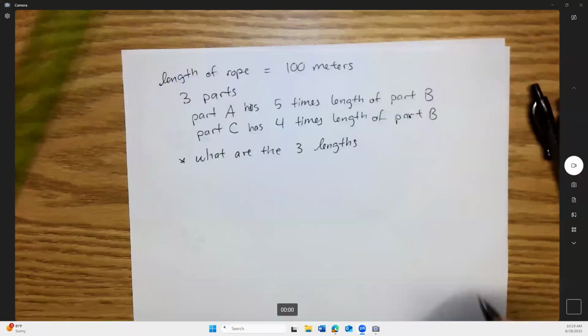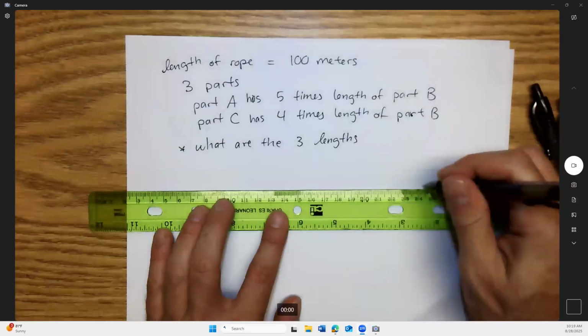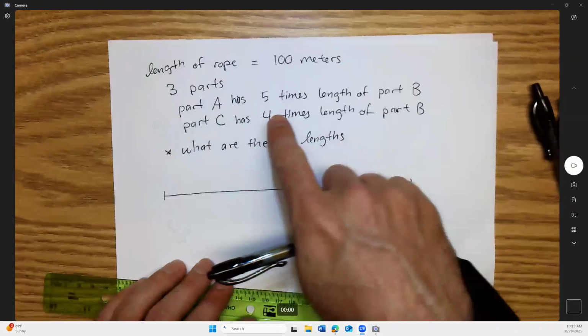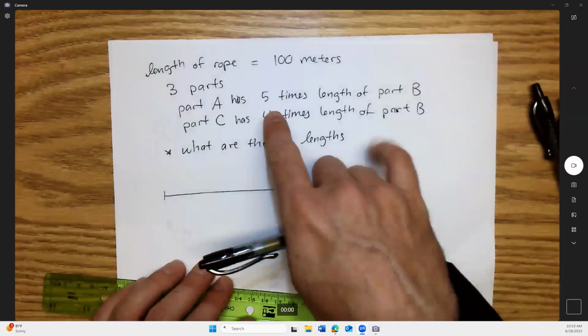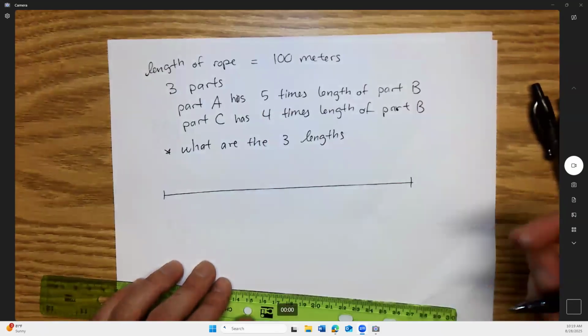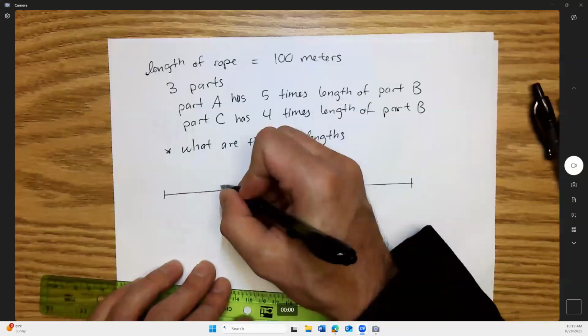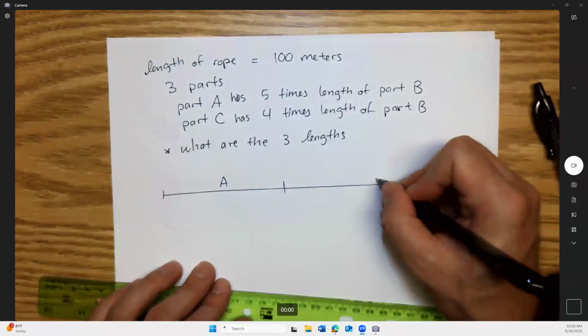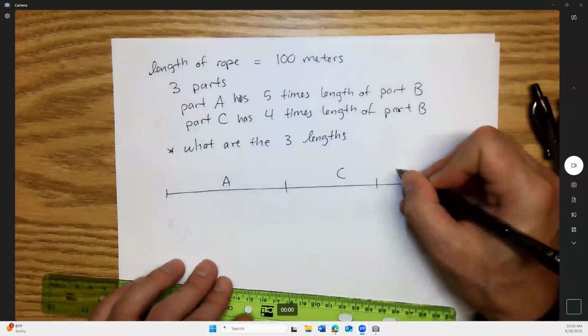Okay, so I have A, B, and C. Let me draw it out, something that might be approximately correct. See, A is 5 times B and C is 4 times B. I think A is going to be the longest piece. So maybe this could be section A. C is pretty long, but maybe not quite as much. And then B is something like that.